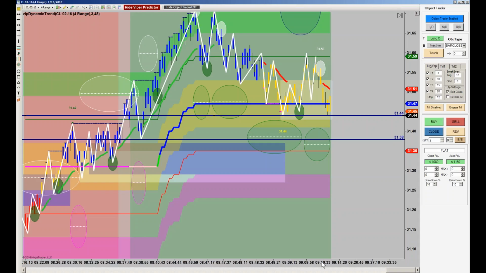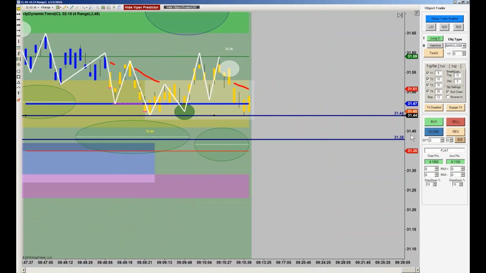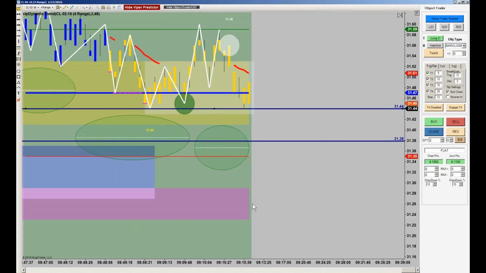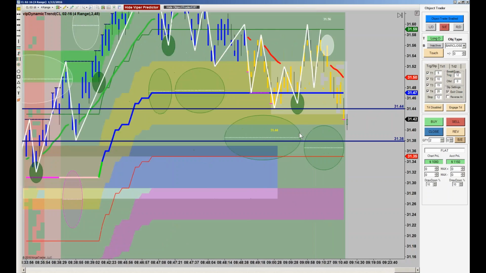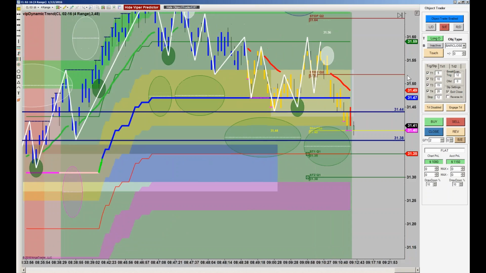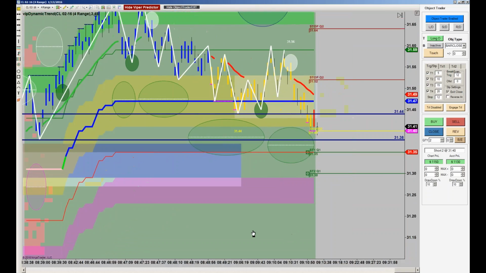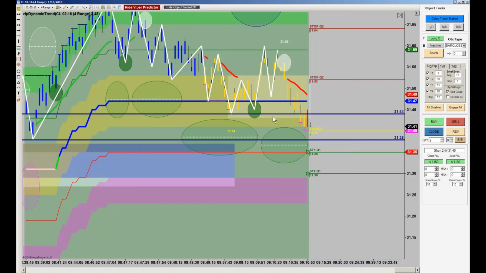Where you at, bar? I don't even see you. There it is, okay. Trying to get right down to here if we can get a bar close. All right, we're in. Remember that trade we talked about in the room this morning?